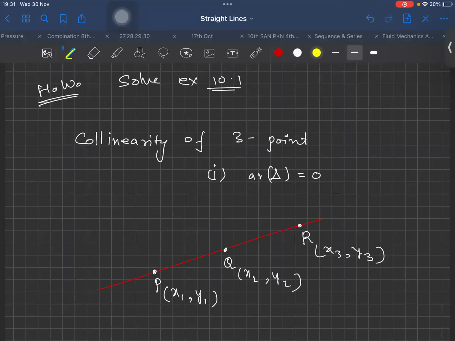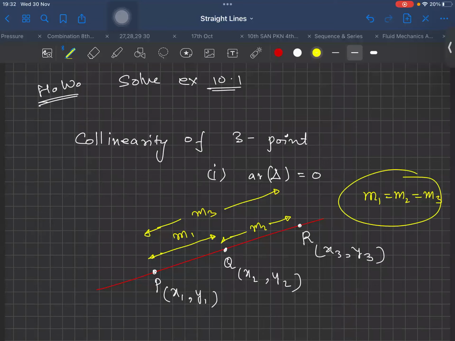Let's say the slope of line PQ is M1. And QR slope is M2, right? And PR slope is M3, right? That means M1 will be equal to M2 will be equal to M3, right? Got it? Now I think we'll be able to solve all the problems.